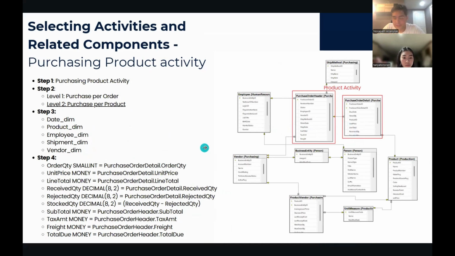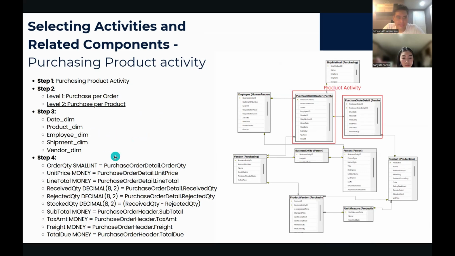Another process that we're going to analyze is purchasing products. For this one we also have two levels of grain, but we chose the product level because we want to analyze products at the atomic level, which contains the product items here.